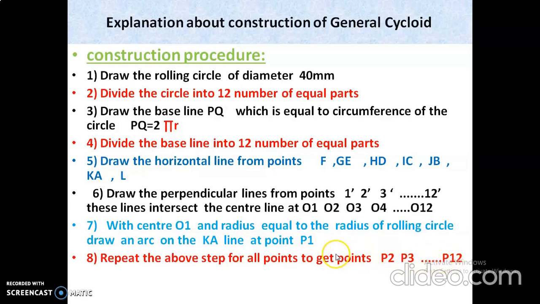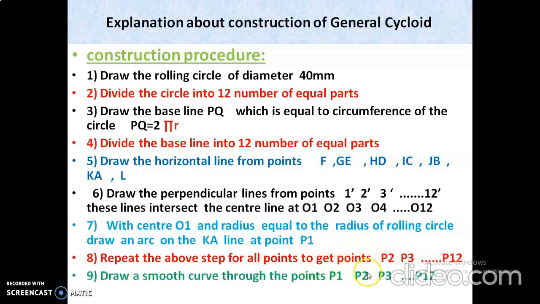If we draw a smooth curve through the points P1, P2, P3, up to P12, we get the general cycloidal curve. This is the construction procedure. We need not know it by heart. So let us see how to draw the general cycloid using this construction procedure step by step.